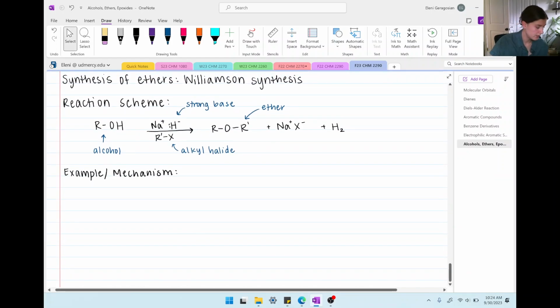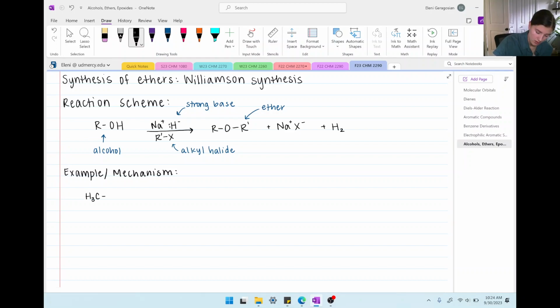So let's say we start with, we'll just do methanol. We add the strong base. Note that sometimes in ionic compounds, the ions, so the positive charge on sodium, the negative charge on hydrogen, are shown.